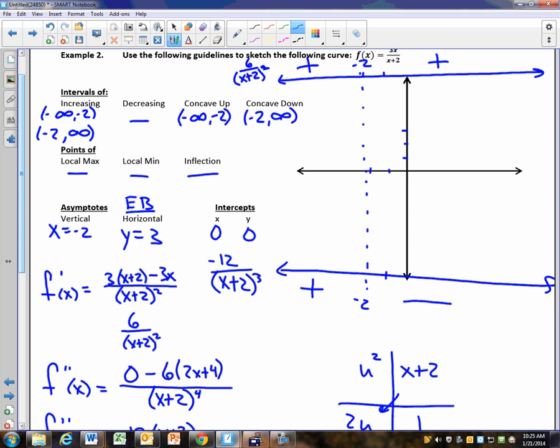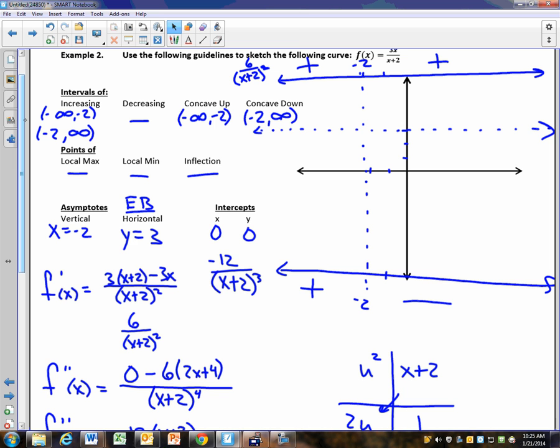So let's see what we have here. We know a little bit about this. We have our vertical asymptote. I'm going to draw my horizontal asymptote as well. And so you can see I have these two asymptotes. So the graph must follow the asymptotes.